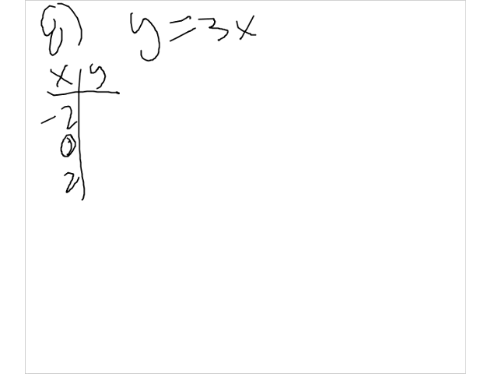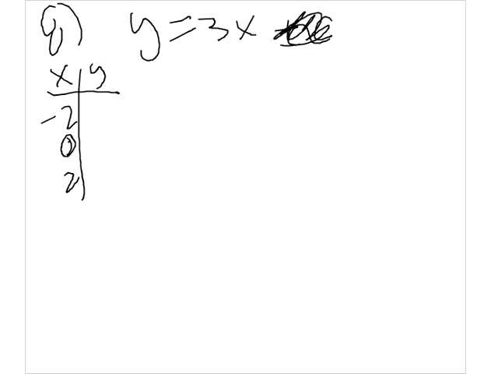Okay, now the first thing, maybe you remember this. In fact, I'm going to plug in 0 first, but this number does not have a plus or a minus, some constant after it. So the graph of y equals 3x is going to go through the origin. That's just a little reminder there.